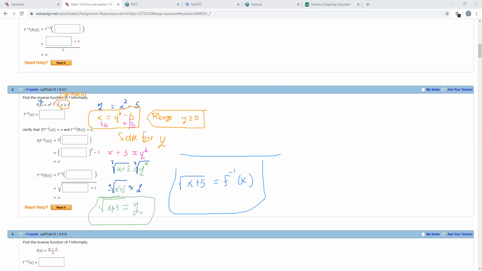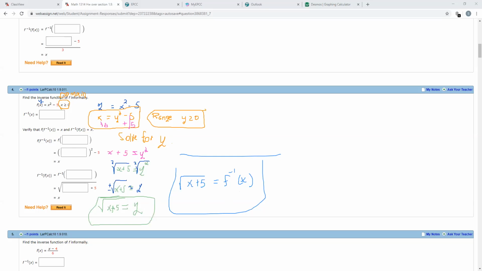Because this is the original function, they named it f. So after you invert the letters and solve for the new y, you could leave it like this. It's just more specific to say what this new function, square root of x plus 5, is. Well, it's the inverse of this initial one.